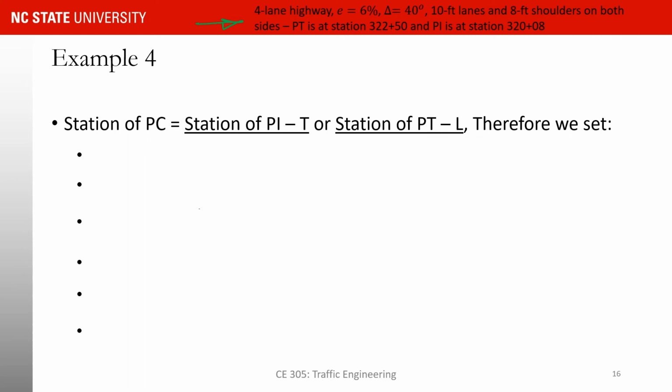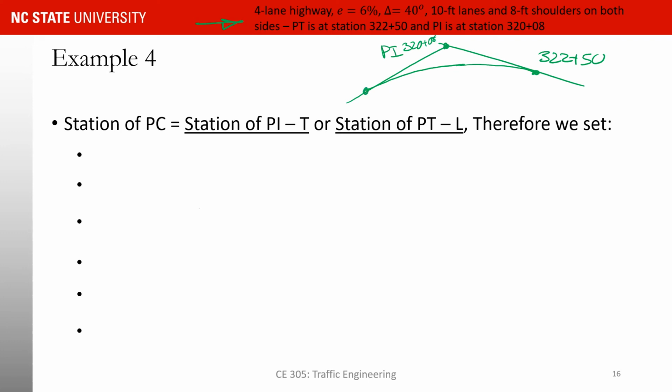And the reason that I want to do that, and here I'm focusing only on the center line of the curve, is that we had a piece of information. We know that PT is at 322 plus 50, and we know that PI is at 320 plus 08.